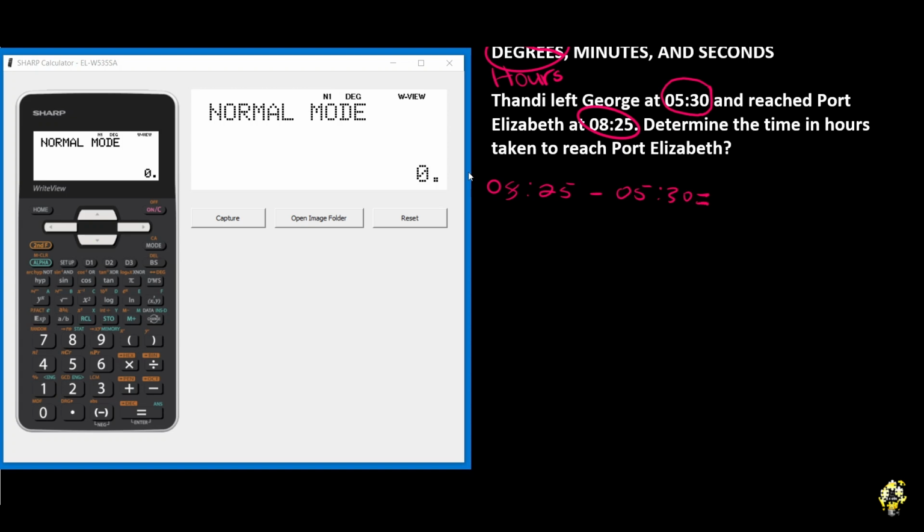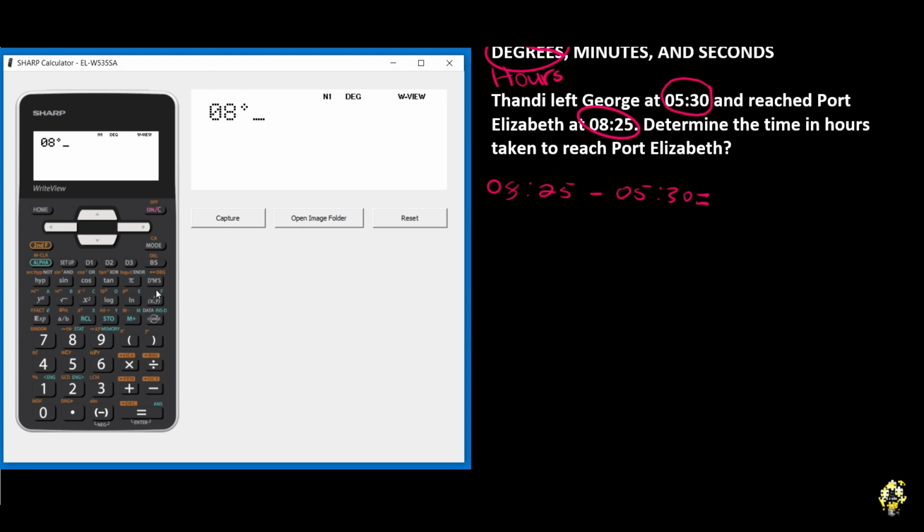On your calculator, you can say 08 or 8, it's the same thing. Then secondly, you press DMS. Your calculator interprets that as having inserted hours. Remember, it's hours, minutes, and seconds.